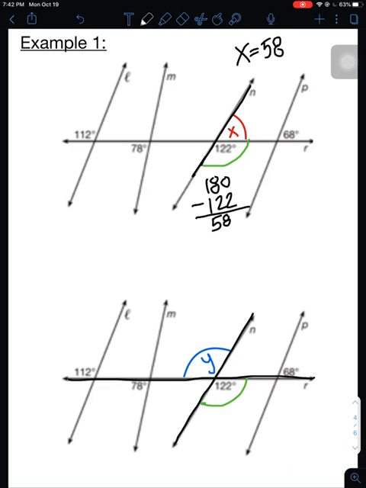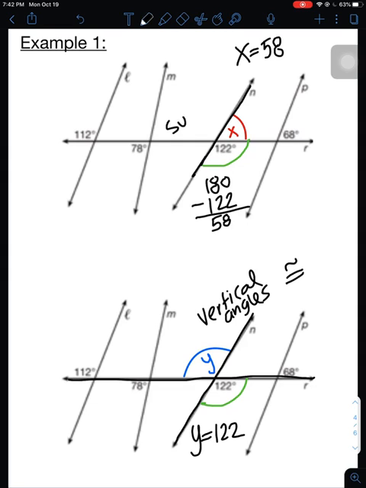We're using this line and this line. And now these are across from each other. That means that they're going to be vertical angles. And we know that vertical angles are always congruent. That means that if this green angle is 122, this blue one, or my y, has to also be 122.